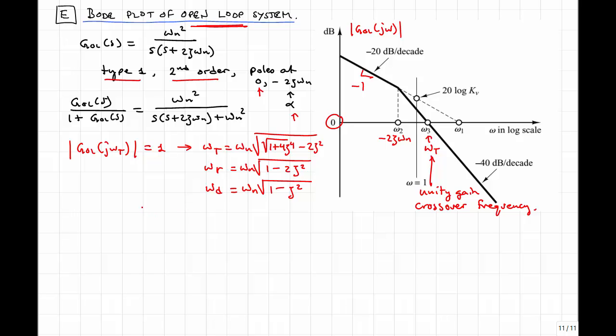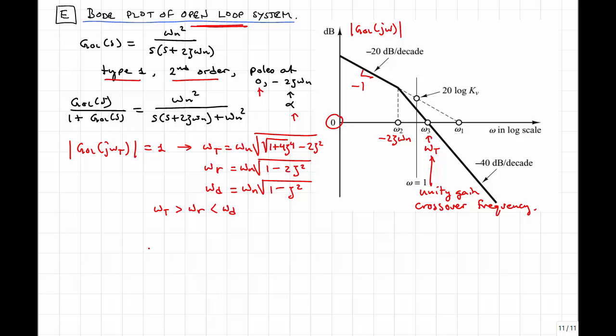So it turns out that omega t lies above omega r, and we know that omega r is less than omega d. Now this doesn't say whether omega t is always going to be greater than or less than omega d, and actually it depends on zeta.